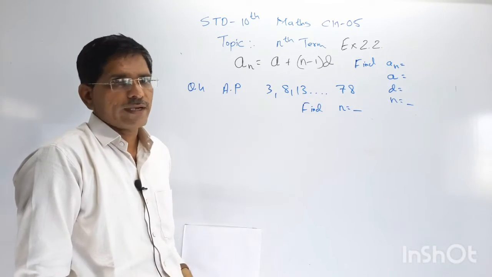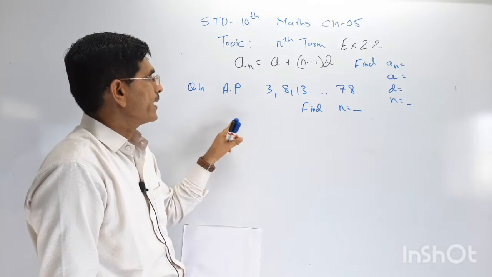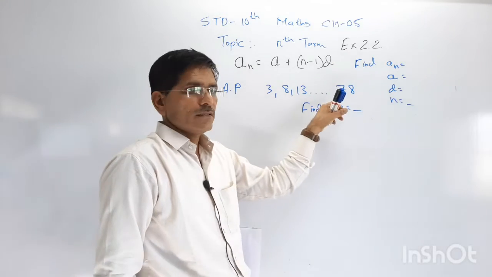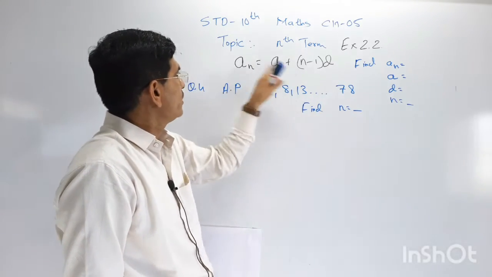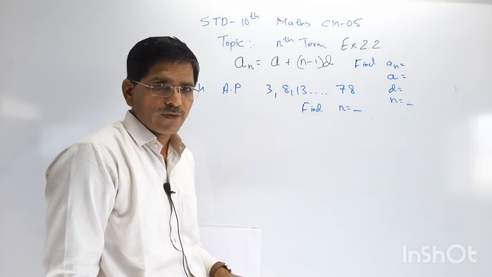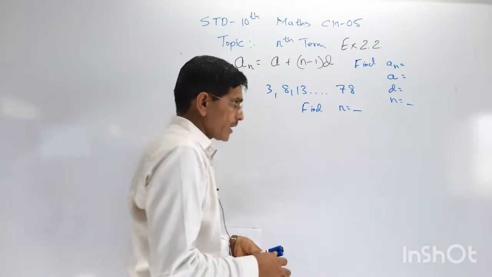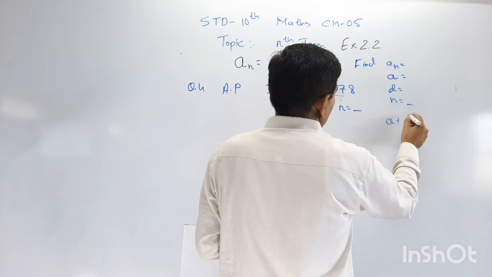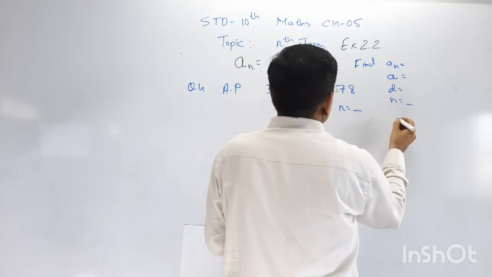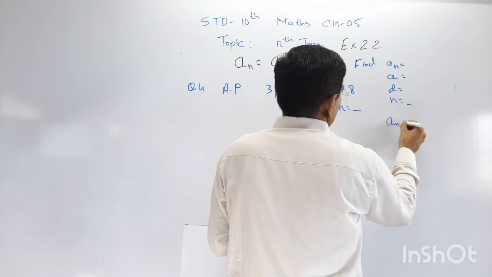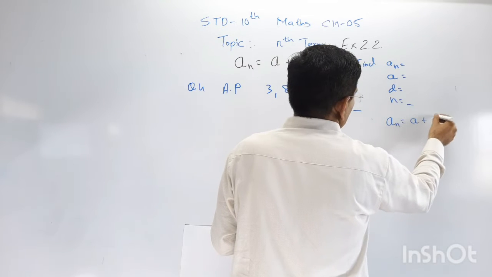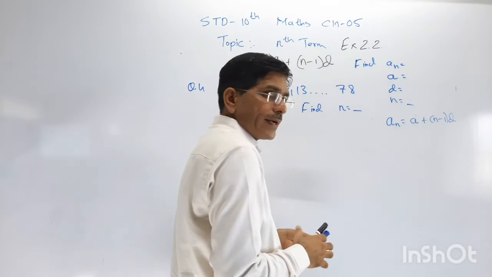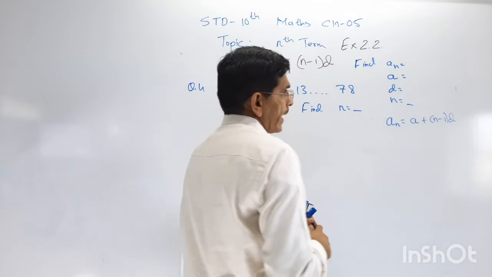Two ways we can find out. Either we find a, d, and an is given. If we put all these values in the above equation, we can find it. Another formula we can also generate: an is equal to a plus n minus 1 d. Now I want to find n.